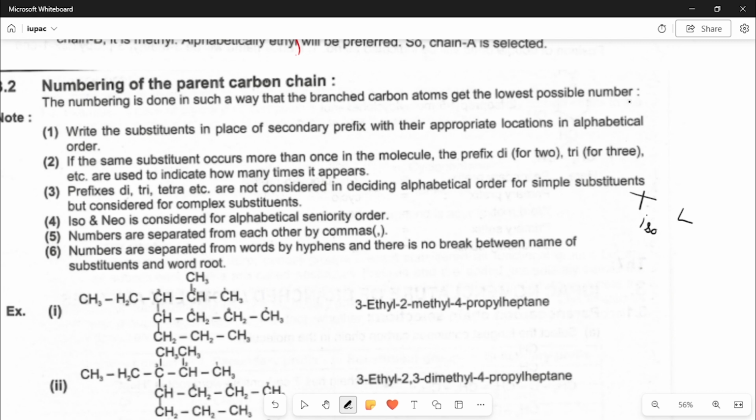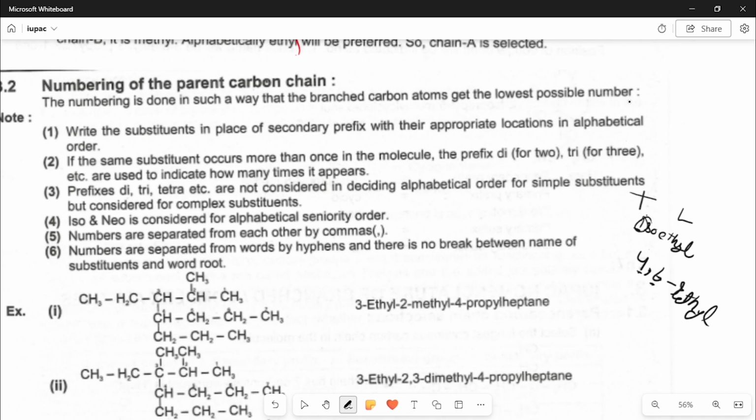It means if it were isoethyl, then you would consider it. Then the numbers are separated from each other by commas. So if the same substituent is at two different locants, then we write it like this. It means it's present on the fourth locant and the sixth locant. And what's the substituent? For example, it's ethyl. I don't know, the name sounds good, that's why I use ethyl.